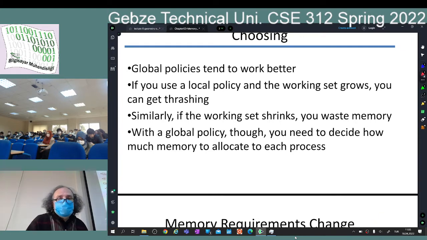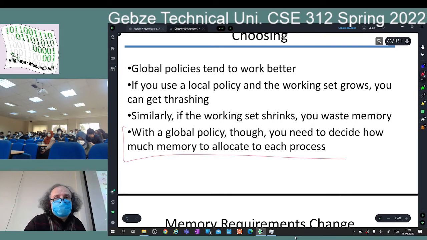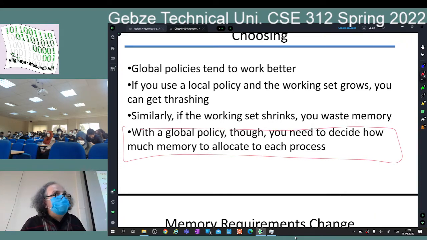Okay, so with the global policy, you need to decide how much memory to allocate to each process. Maybe there should be a minimum size for each process.